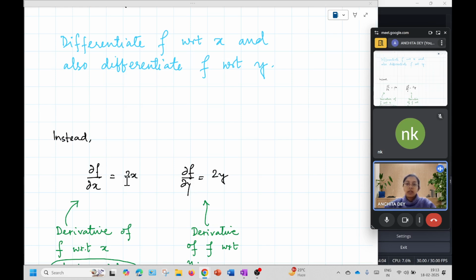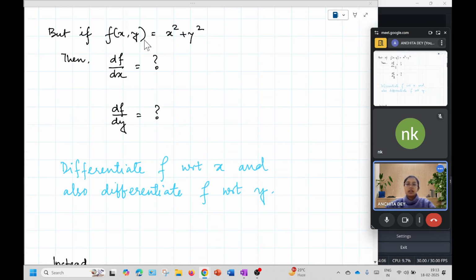Dou f dou x is saying that, since it's a partial derivative, we will treat y as a constant.